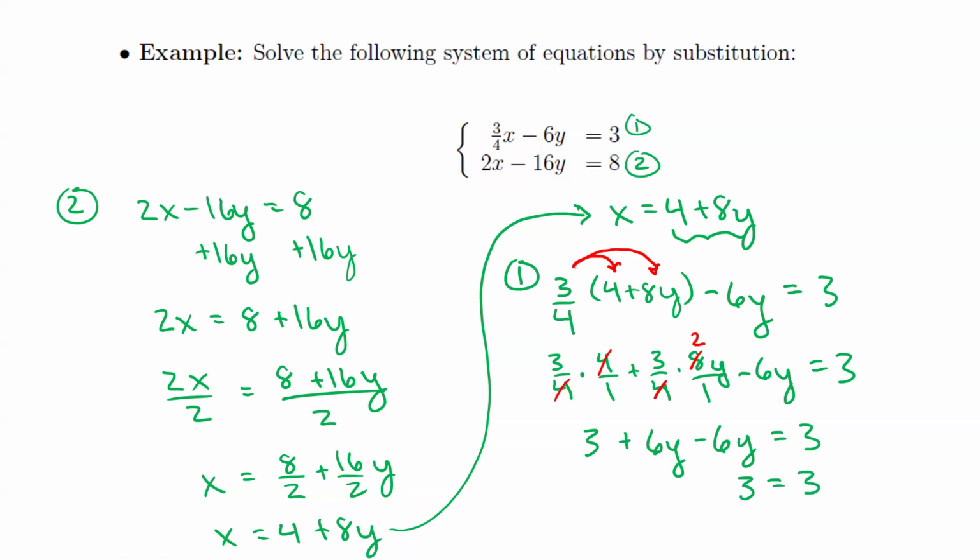Okay, so when something like this happens, what does it mean? Well, the fact that we ended up with a true statement at the end and we didn't have to specify what our y value was means that it doesn't matter what y value you choose, you can find a solution to this system. So another way of putting it is there are infinitely many solutions.